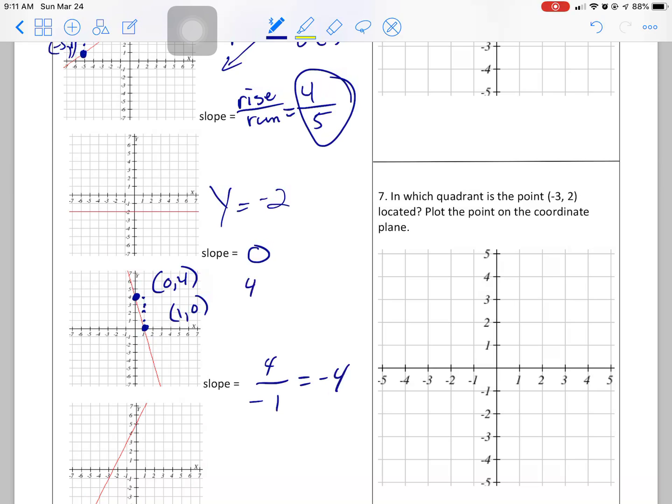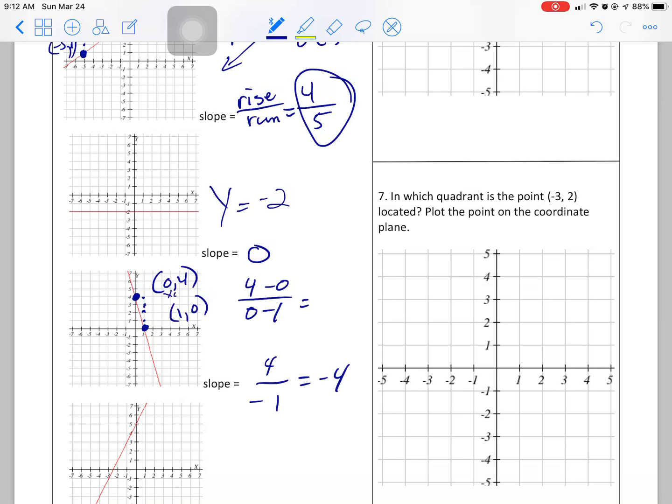To check, 4 minus 0 over 1 minus 0. Did I put the points on here right? I did. 4 minus 0 over, oops. If you're checking, you should do it right. 4 minus 0 over 0 minus 1. Okay, there we go.